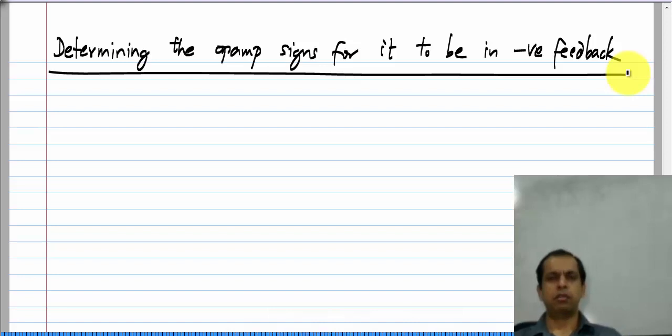For this, what I will do is first show you what the algorithm is and then apply it to an op amp circuit. In fact, so far we know only one op amp circuit, I will apply it to that one.